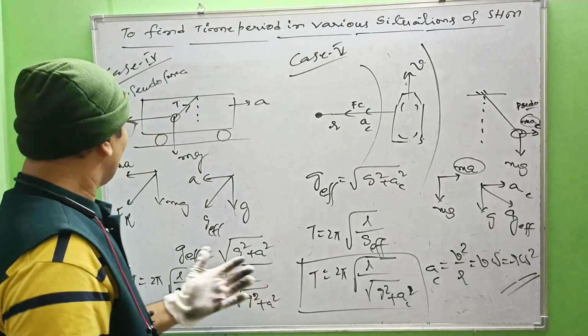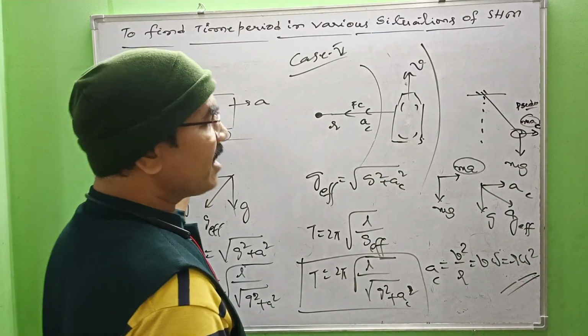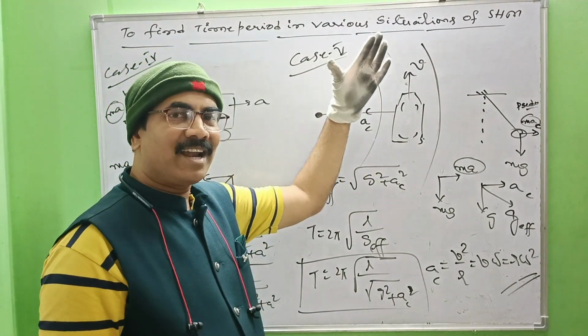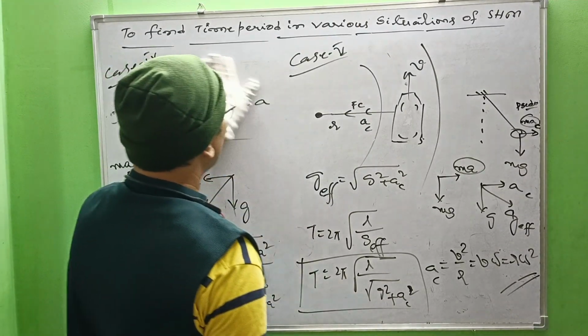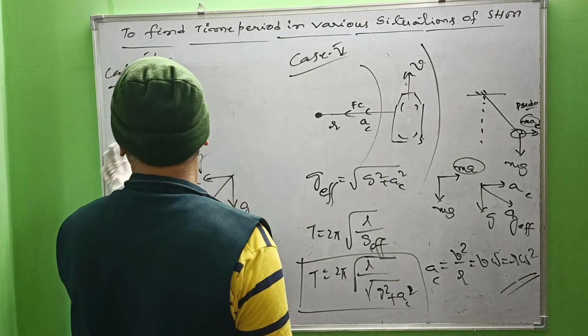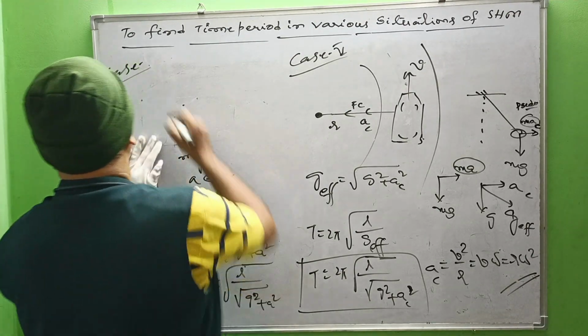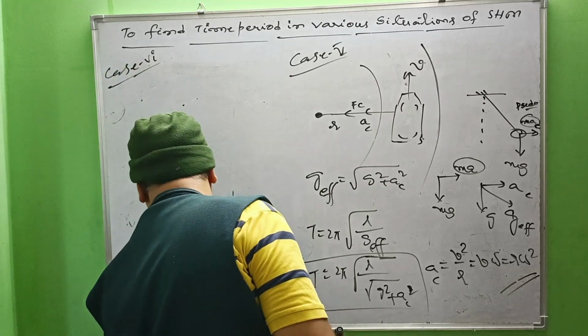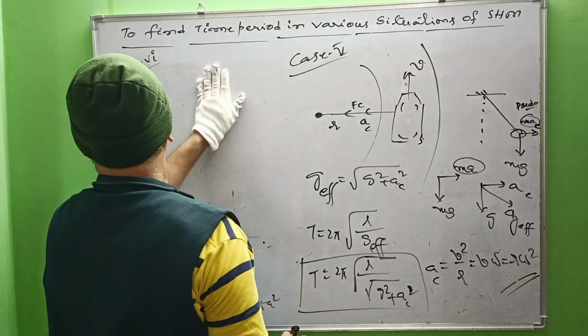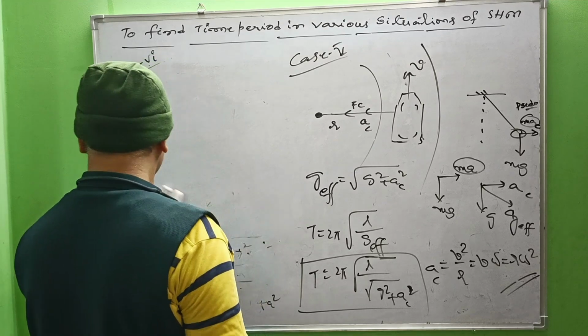We have one more situation, the same vehicle accelerating down an inclined plane. This is case number 6, the last one. Here an inclined plane is there on which a car is accelerating down.